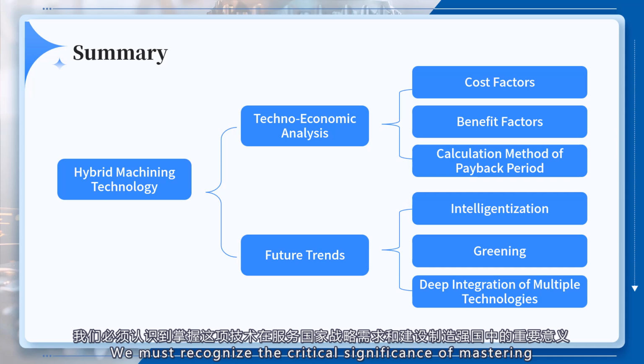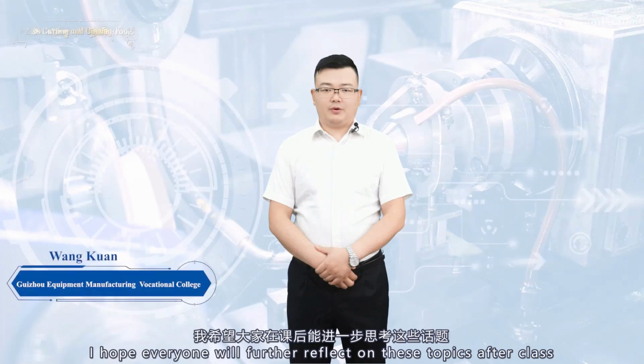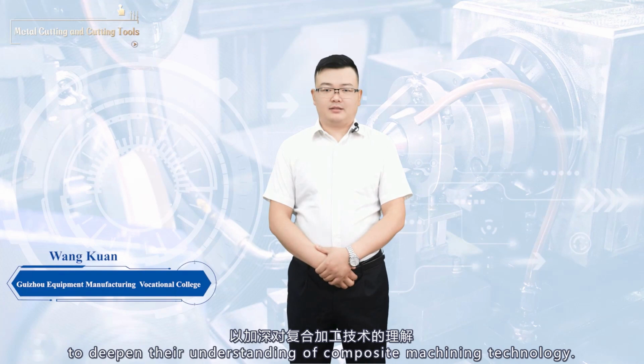We must recognize the critical significance of mastering this technology in serving national strategic needs and building a strong manufacturing nation. I hope everyone will further reflect on these topics after class to deepen their understanding of composite machining technology.